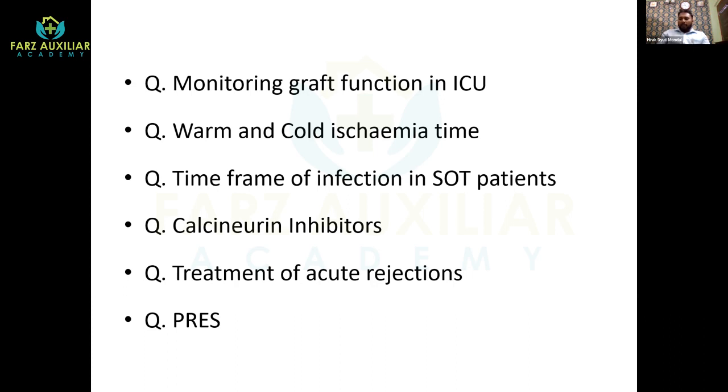And the most important time is graft warm ischemia time, because after rewarming, when you are starting reperfusion, the graft is inside the recipient's body but not getting any blood supply, because you have not initiated perfusion. So you have to do it very fast.